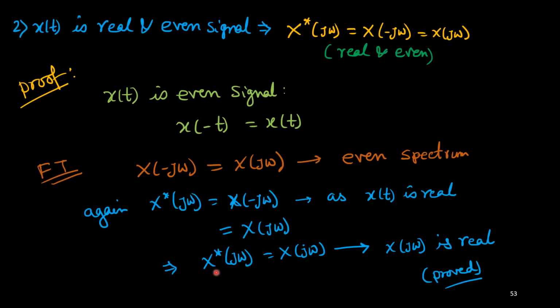Try to understand, this is important. I have one function capital X, and its conjugate is again the same. What is the meaning? That function is real. If it were complex, obviously the conjugate would be different. So as we are getting the same function after taking the conjugate, the spectrum is real. And you have already seen that this function is even. Thus, when x(t) is real and even, its spectrum is also real and even.